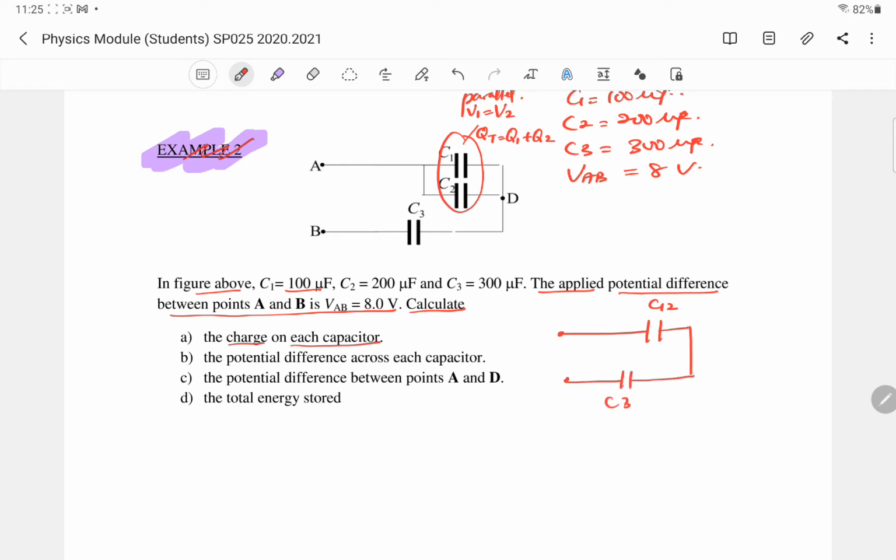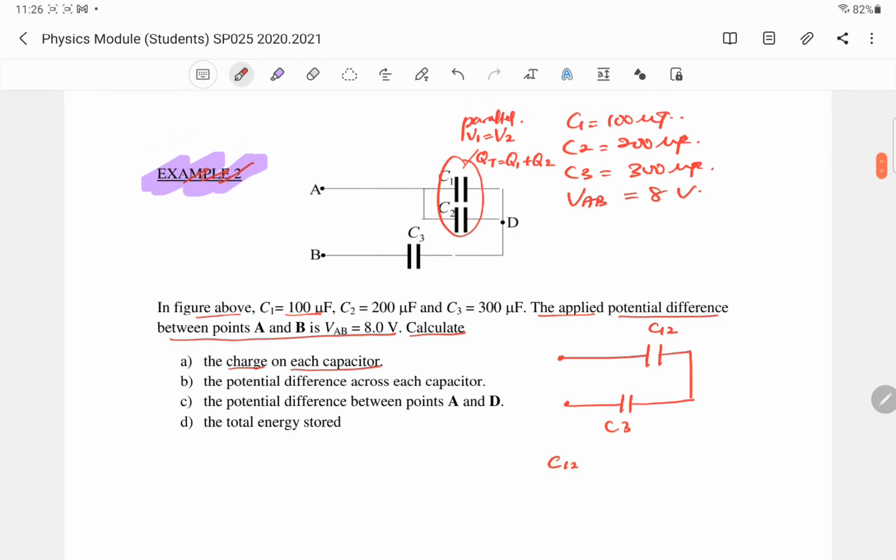Okay, C12 macam mana dapat C12? C12 is connected in parallel. So bila parallel kita tambahkan lah. Tambahkan C1 plus dengan C2.